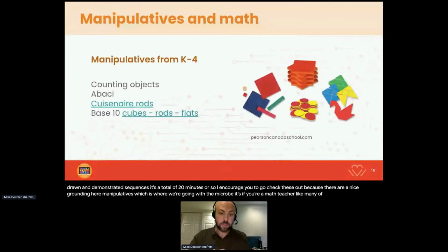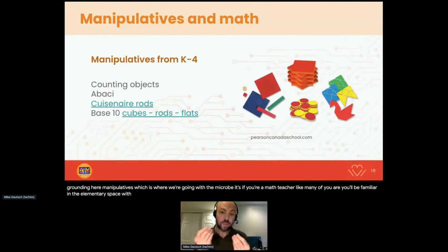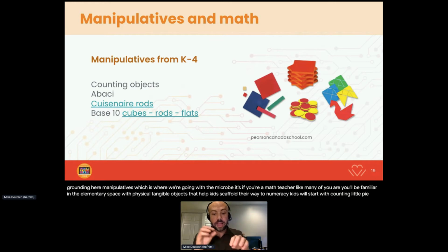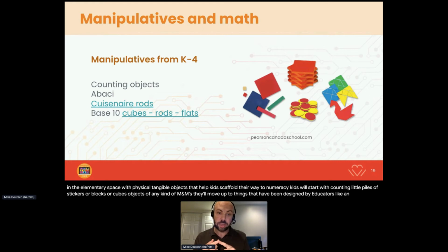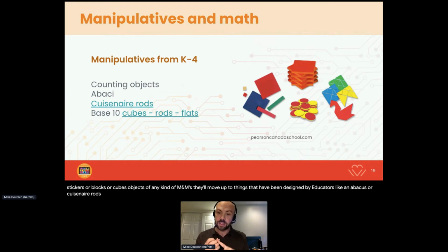If you're, like many of you are, familiar in the elementary space with physical, tangible objects that help kids scaffold their way to numeracy. Kids will start with counting little piles of stickers or blocks or cubes, objects of any kind, M&Ms. They'll move up to things that have been designed by educators, like an abacus or Cuisenaire rods, which are color-coded different lengths.